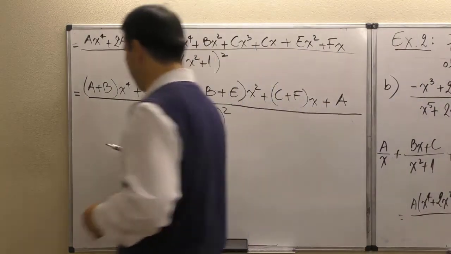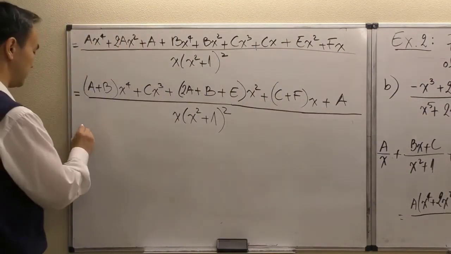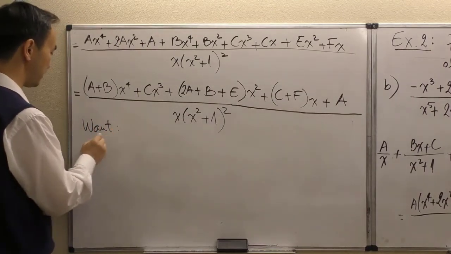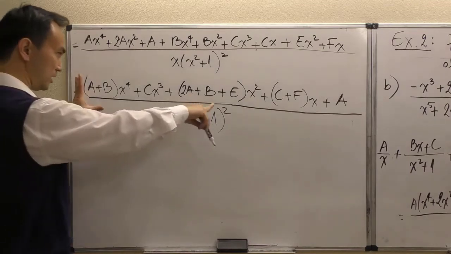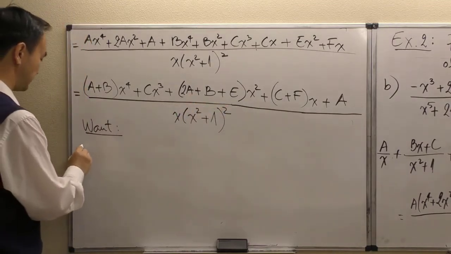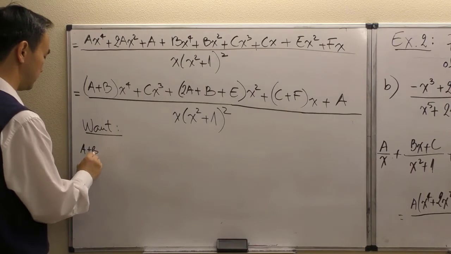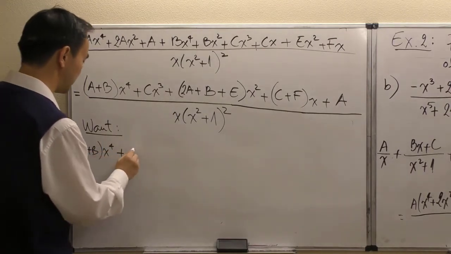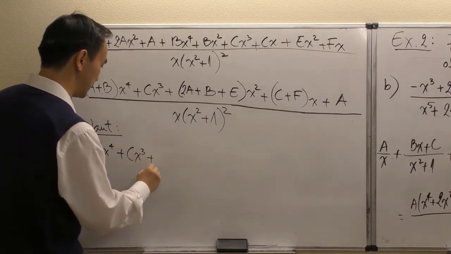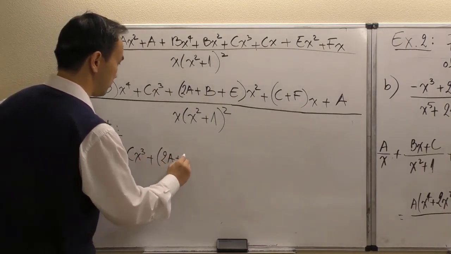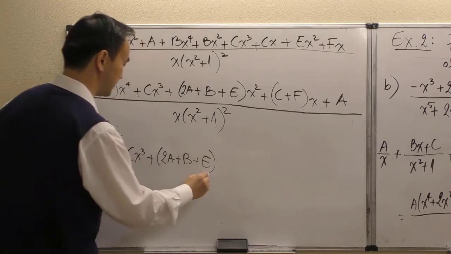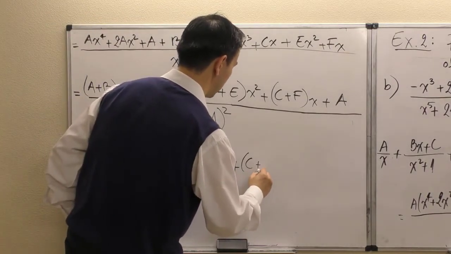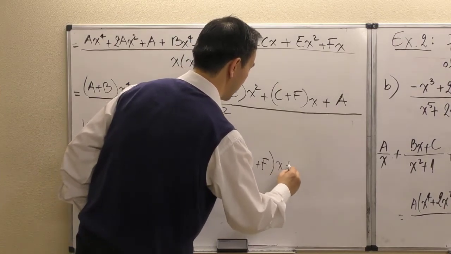All right, and so at this point, just like what we have been doing, I want this final a plus b times x to the fourth plus cx cubed plus 2a plus b plus e times x squared, okay, plus c plus f times x plus a.